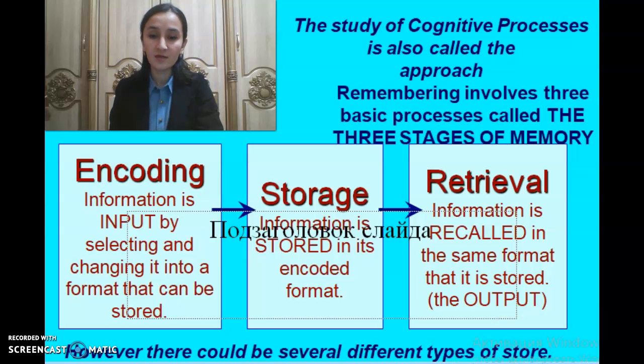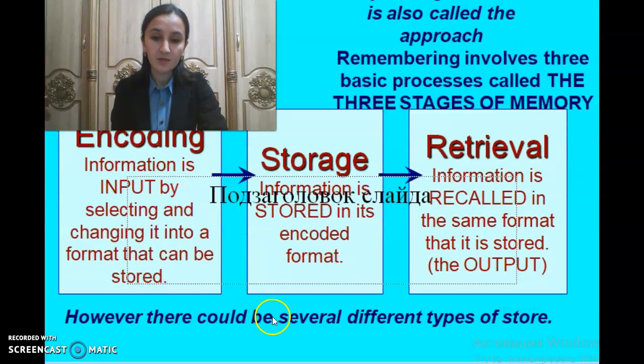The encoding stage is where the information is input, selected and changed so that it can be stored in the next stage, which is called storage. In this storage, information is stored in an encoded format. And in the last stage, the information is recalled by ourselves, restored in the same format, and it is called the output.